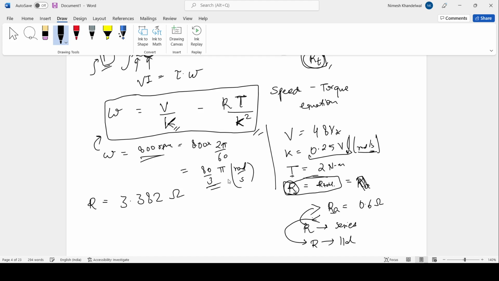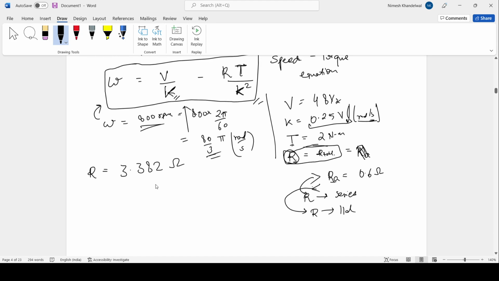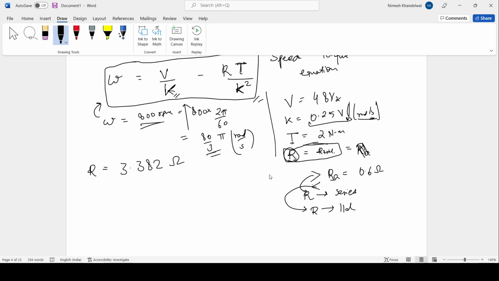You just have to put everything here and do the calculations. So now you see that this total resistance, this is your R total, is greater than your armature resistance. So basically, you need some extra resistance in series with the armature, right?